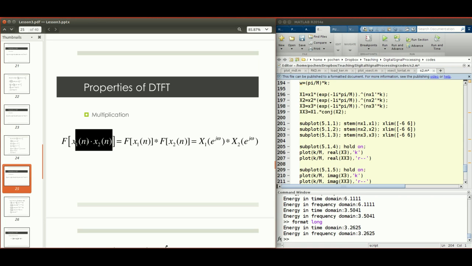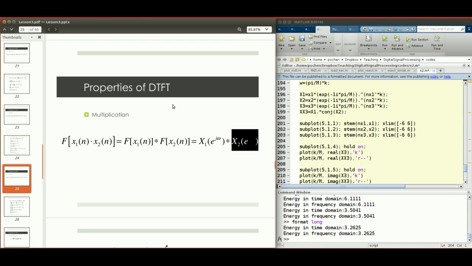You can prove that the Fourier transform of multiplication equals convolution in the frequency domain. So it equals the Fourier transform of the first signal convolved with the Fourier transform of the second signal, right?